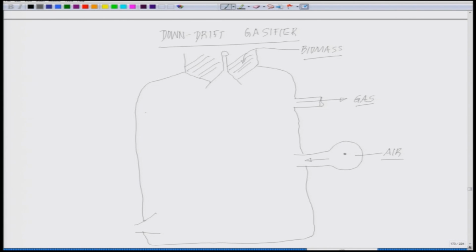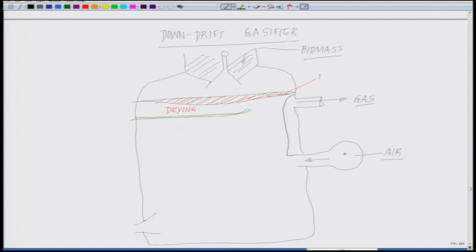And just above this port, the region that you see out here, which I am now shading, let me use a different color for better understanding. This is where you are having the drying zone, okay. And underneath it out here, which I will be putting in green, something like this, and there is one small partitioning out here.